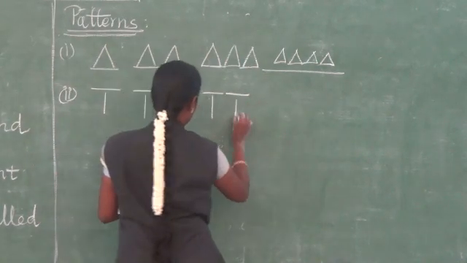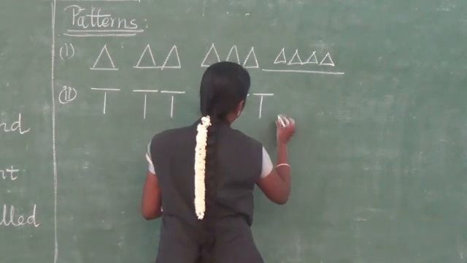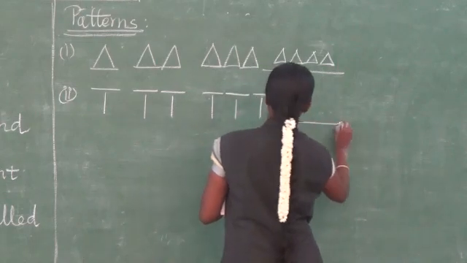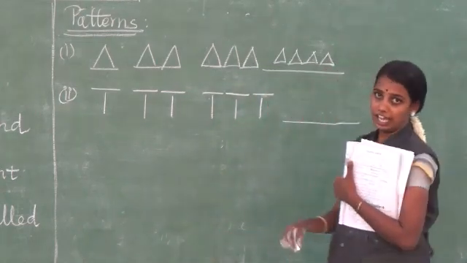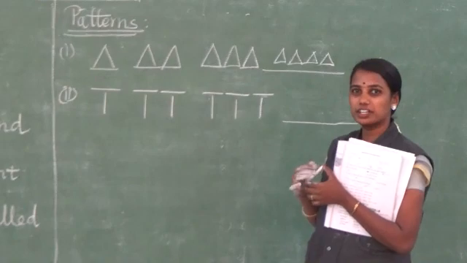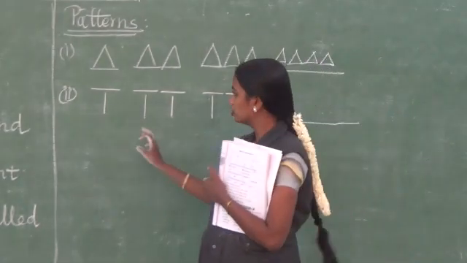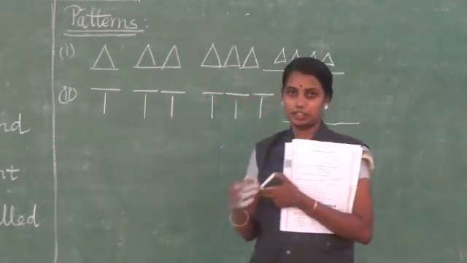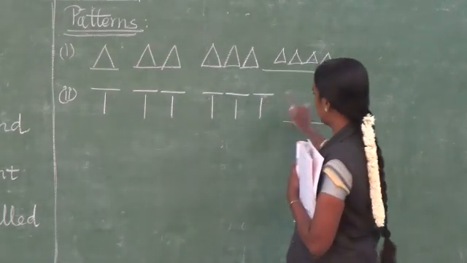Next, observe this and answer for me. Here I used matchsticks to make a T. So first find the next pattern.